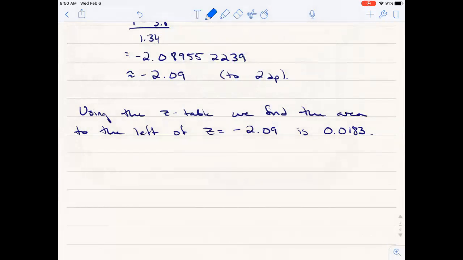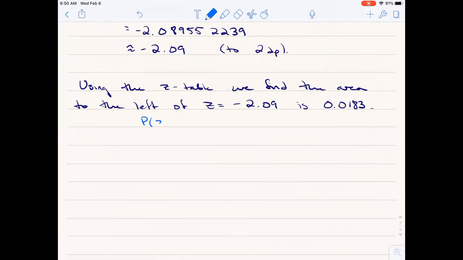Or if you wanted to use probability notation, the probability that Z is less than or equal to negative 2.09 is 0.0183. So you don't have to do both. I'm just showing you both ways.